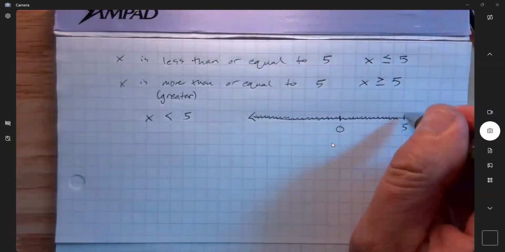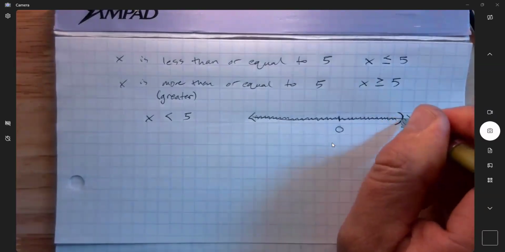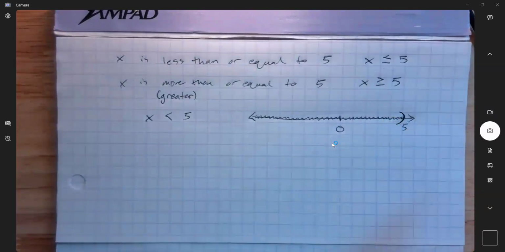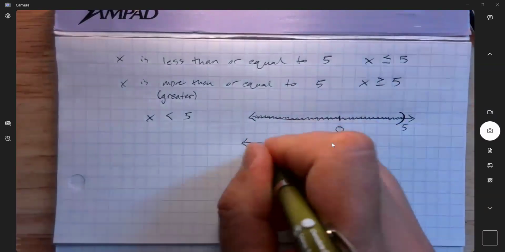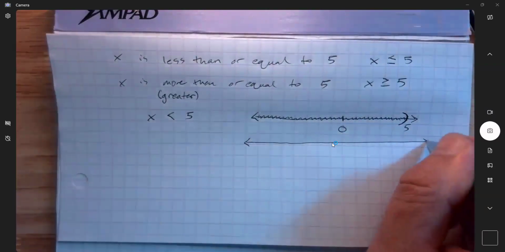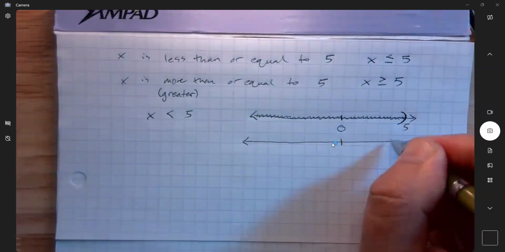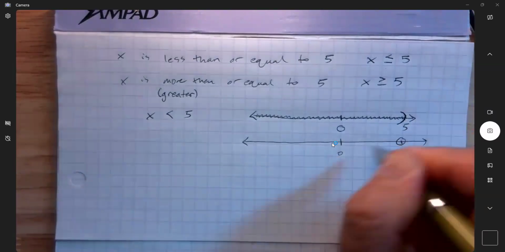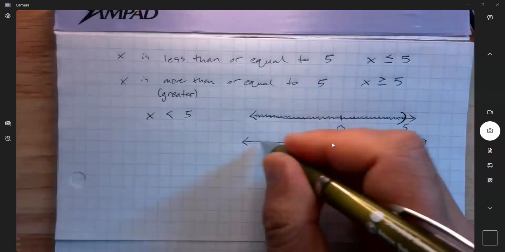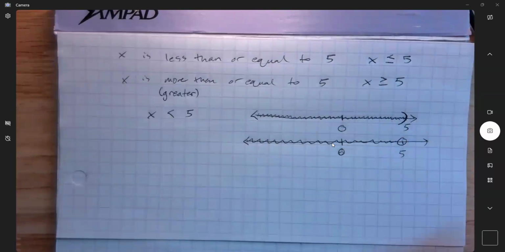And there's two ways to do this. I'll show you one way first. We put a parenthesis right there, an open parenthesis tells me I cannot include 5. Or some books, instead of a parenthesis, will put an open circle around it. Those mean the same thing. That's x is less than 5.